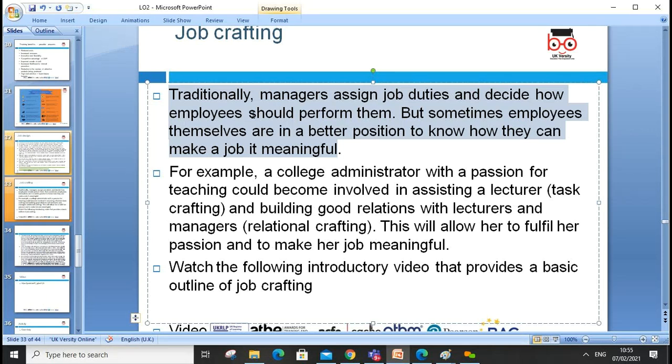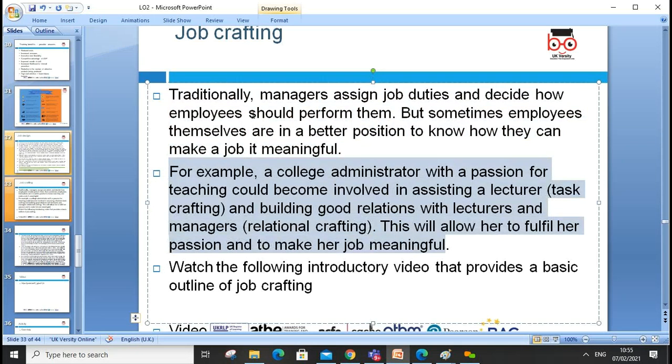Relation crafting, yes. Then this will also allow her to fulfill her passions and make the job meaningful.